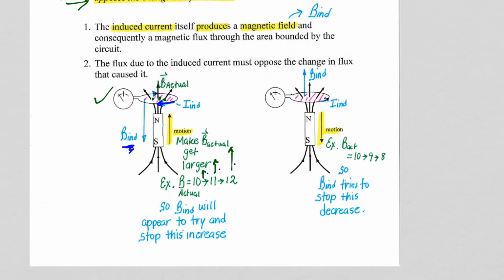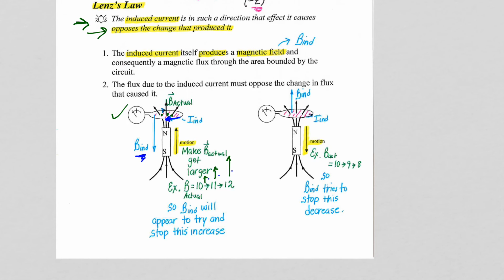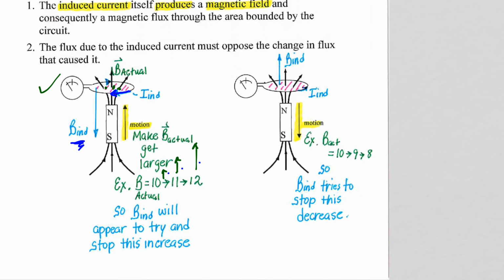And we have the same thing if the B field was getting smaller. So through the pink area, if the B field is up and it is 10, but then it's still up, but 9, and then it's still up, but 8, nature will want to stop that from happening.